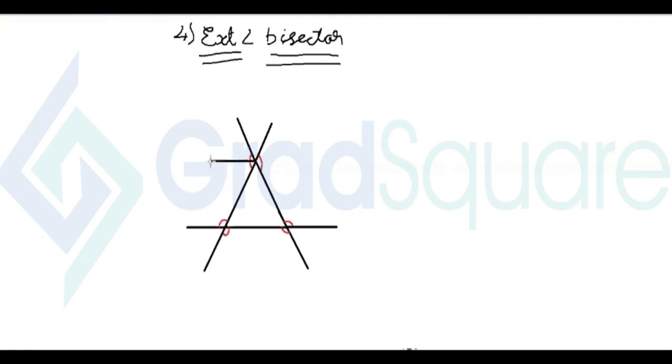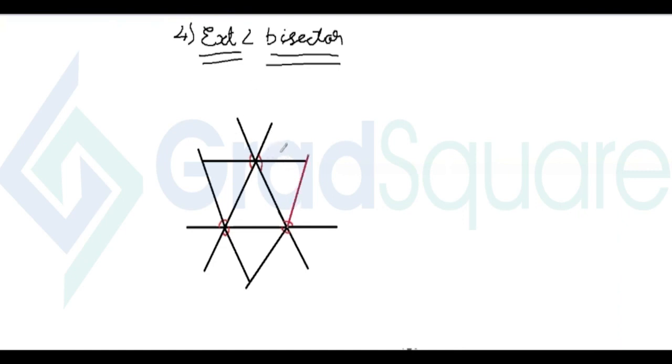One is going to bisect this angle, one is going to bisect this angle, and so on. My constructions are not going to be up to scale, so pardon me for that. All of these are exterior angle bisectors.